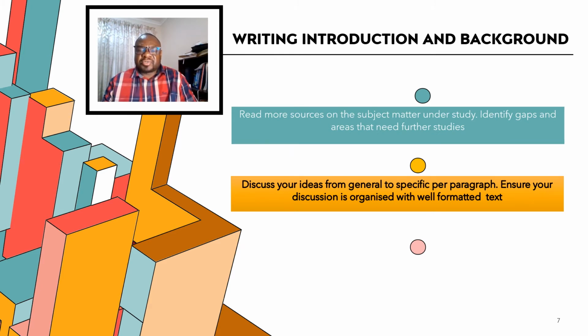Ensure your discussion is organized with well-formatted text. You do not need to mix up ideas in your discussion. Try to ensure that when you discuss an idea, you can categorize your ideas per paragraph and ensure that your statements flow from each other.